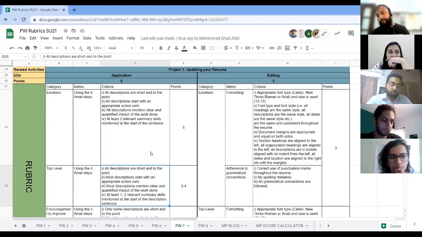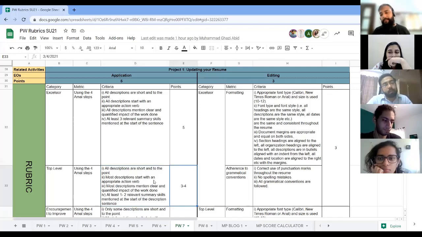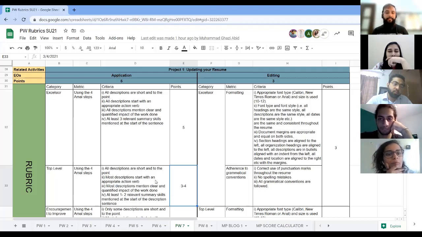If there was a total of 10 descriptions and most, say 6, have good action verbs used, then they fall under this criteria level, and you will score them either 3 or 4 depending on how many descriptions were wrong or didn't fit the criteria. Is that clear? Does that make sense? Are there questions? Any concerns?